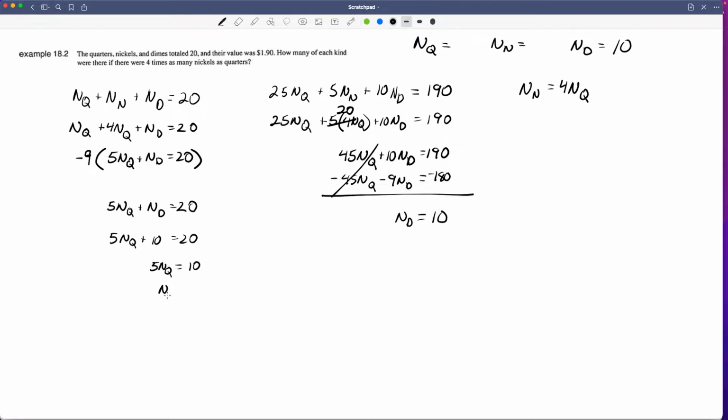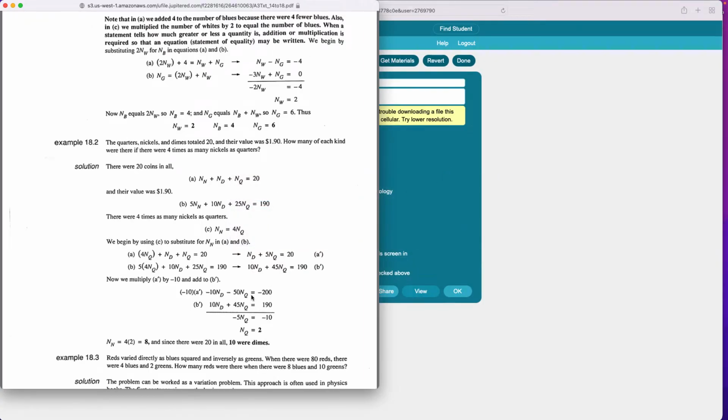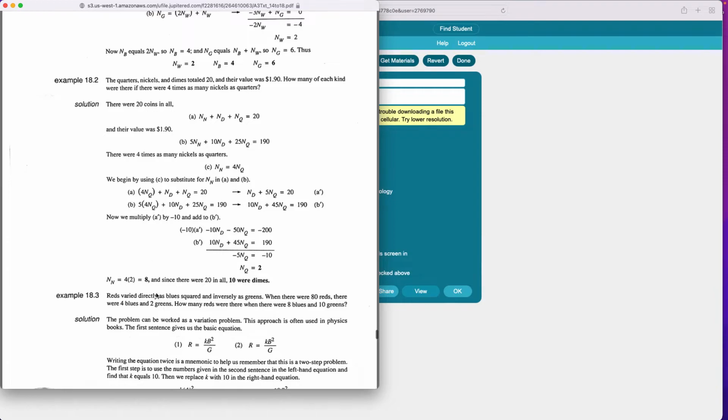So when I divide by 5, I find that the number of quarters is 2. There are 2 quarters. And now that I know how many quarters there are, I can find the number of nickels by just substituting in. 4 times 2, the number of nickels is equal to 8. And if we scroll over here to our book, we can see that we did that correctly. We had 8 nickels, 10 dimes, 2 quarters.